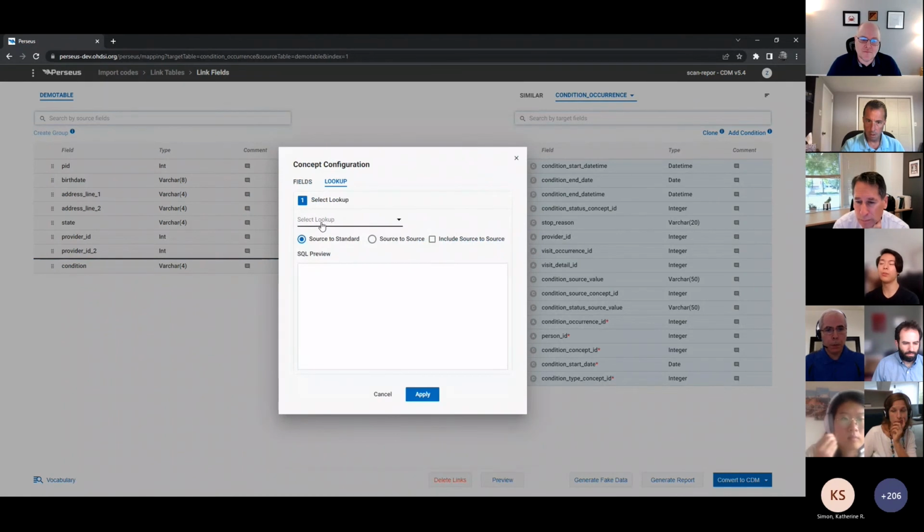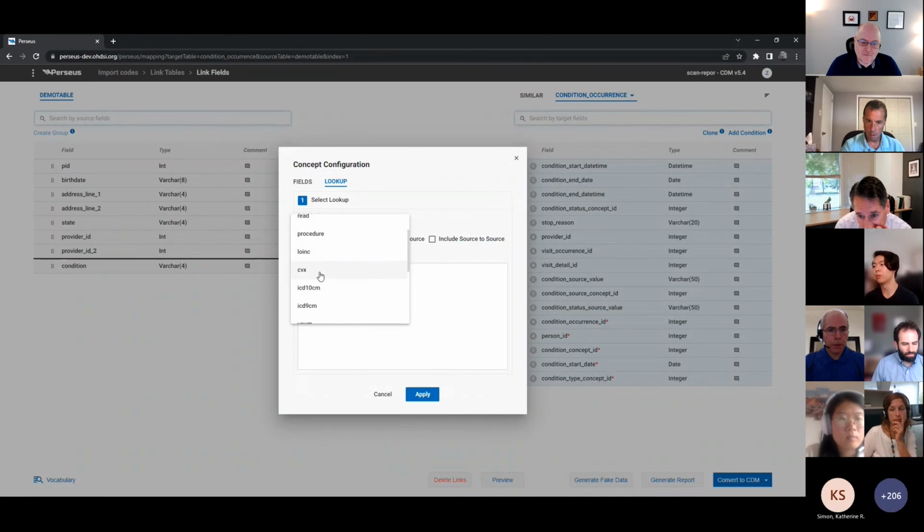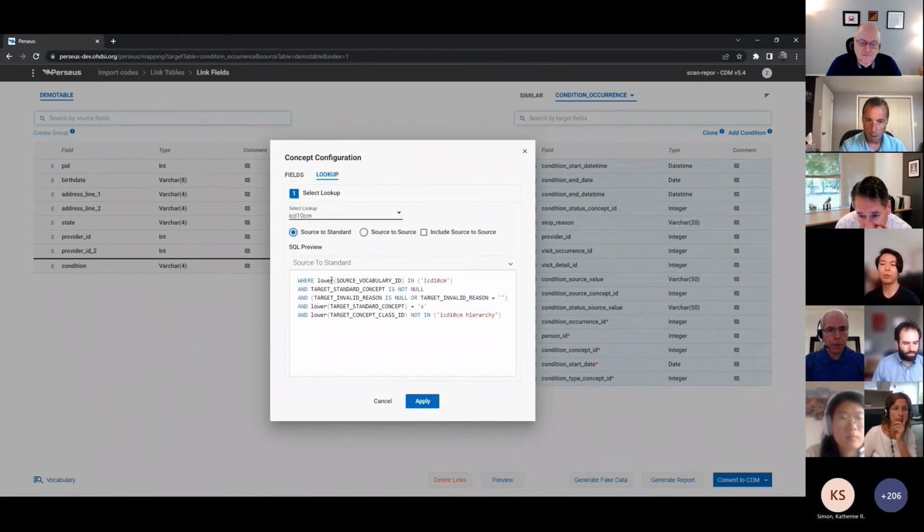What this lookup table is, there's a bunch of pre-built ones. There's LOINC, ICD-10, ICD-9, where it just generates the SQL that automatically translates, oh, you have these codes in-house, why don't we reference this table and then translate?